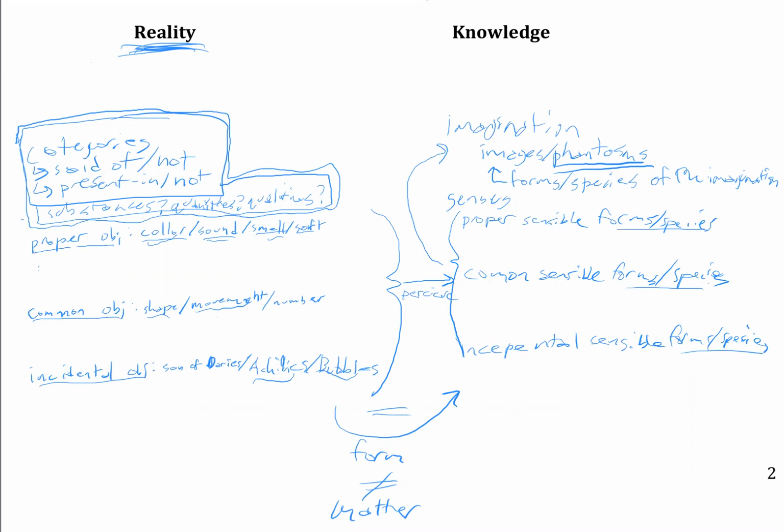They impress upon the imagination, and then the imagination can entertain these forms or images or phantasms when you're not presently sensing the thing. And so that's how memory or fantasy works. Memory or fantasy works by recalling these images or phantasms, which are copied from the senses.